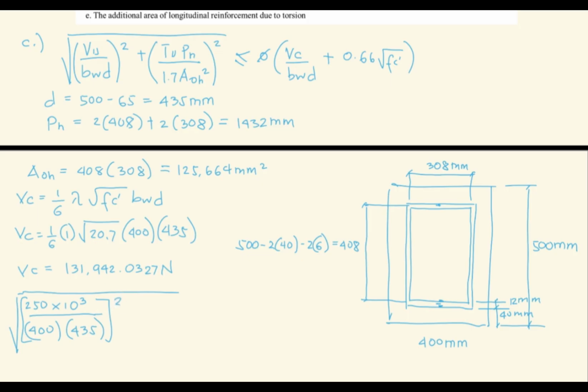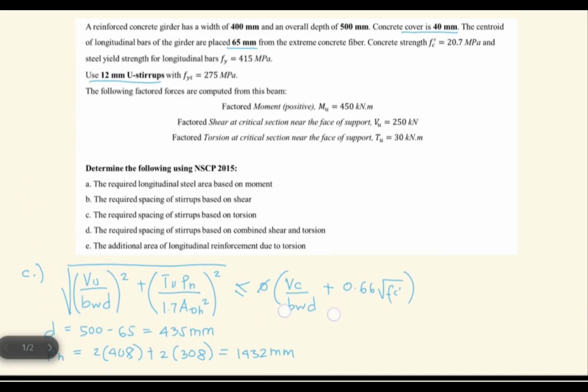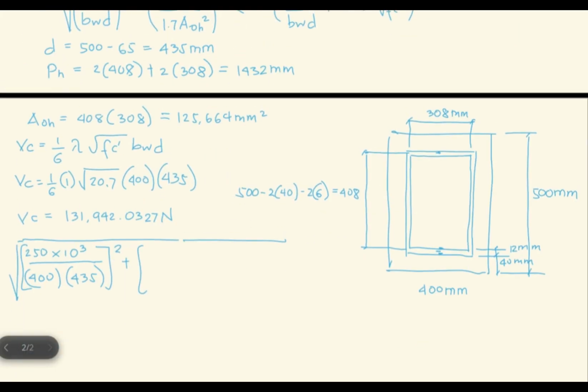So we square this, by the way. So plus TU is 30, so we make it 30,000. So 30,000 newton meter.